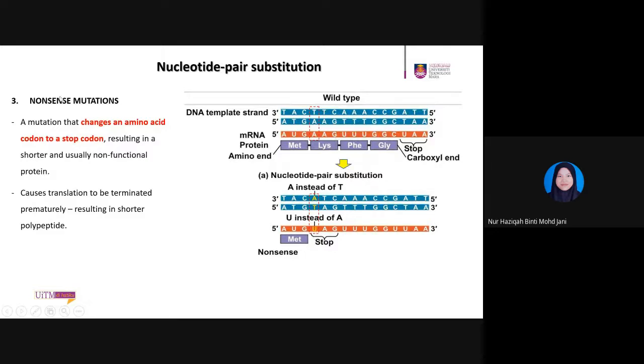So that is nonsense mutation. It changes an amino acid codon to a stop codon. So this will obviously terminate the process of translation and no protein can be produced, or the protein produced is not functional. Alright. So resulting in a shorter polypeptide.